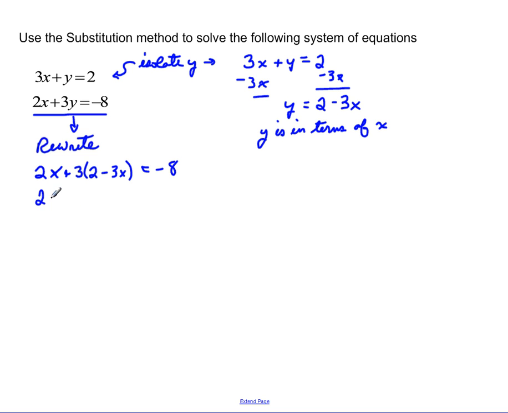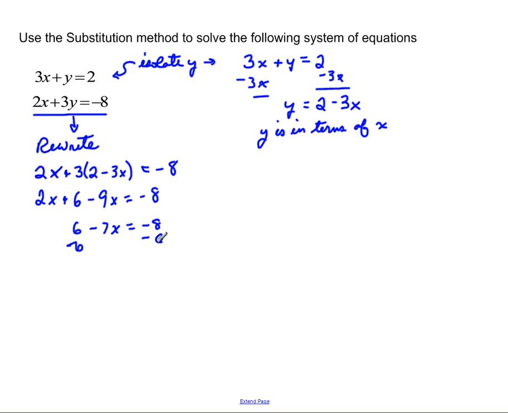So we're going to get 2x plus, distribute the 3, so we're going to get 6 minus 9x is equal to negative 8. Doing some extra algebra right here, 2x and negative 9x gives us negative 7x equal to negative 8. We want to get x by itself, so we should be subtracting 6 from both sides.